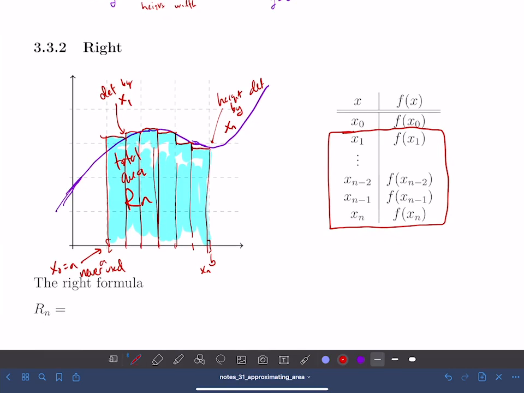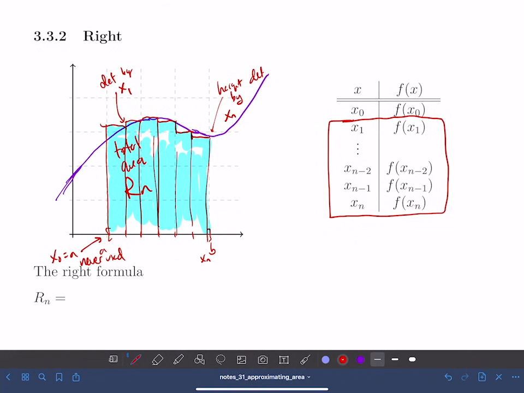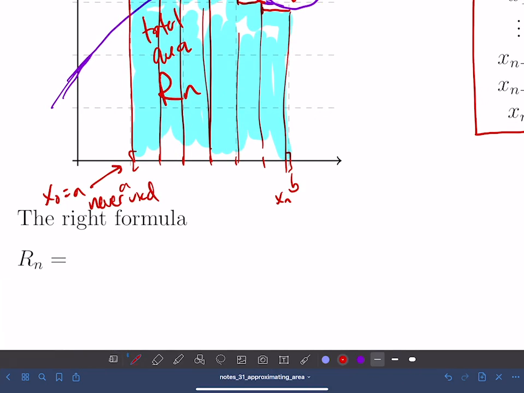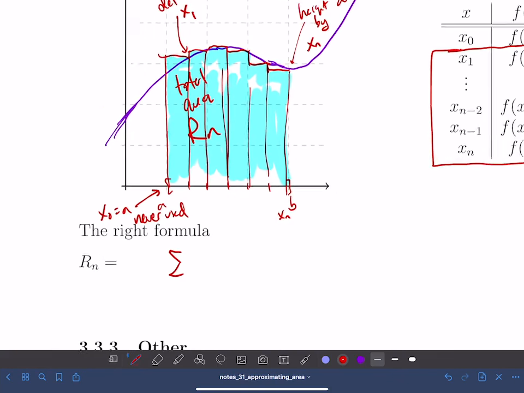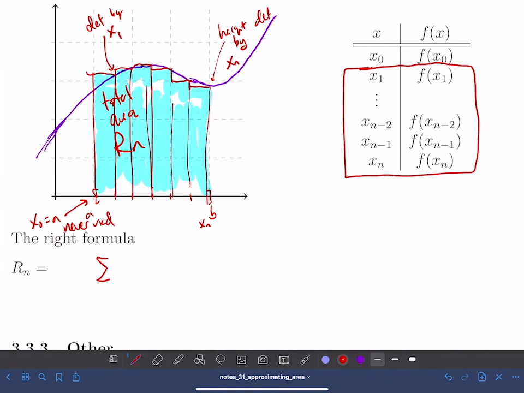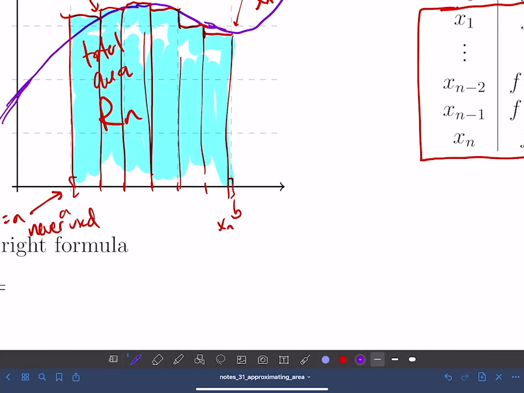So when I write down the formula for the approximation of the function f over the interval from a to b broken into n pieces using the right endpoint method, that's what this little R sub n stands for. It's equal to the sum, where my lowest subscript is 1, from j equals 1 to n, of f of x sub j times delta x.